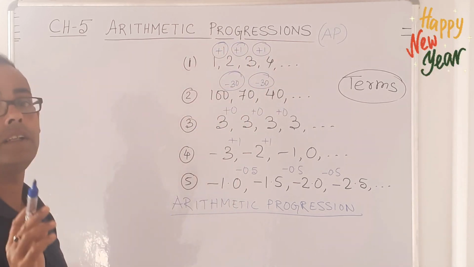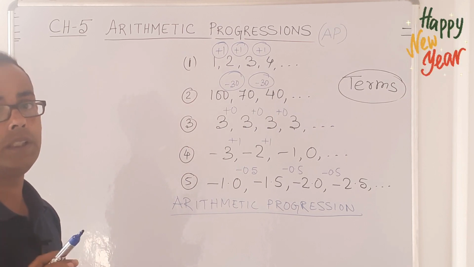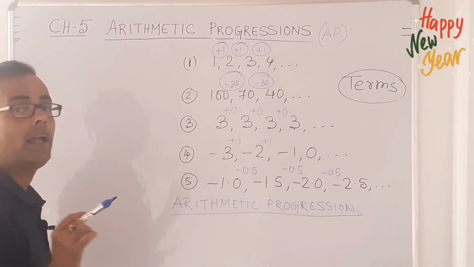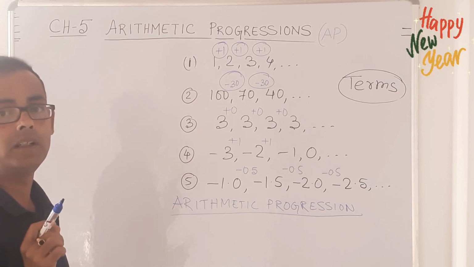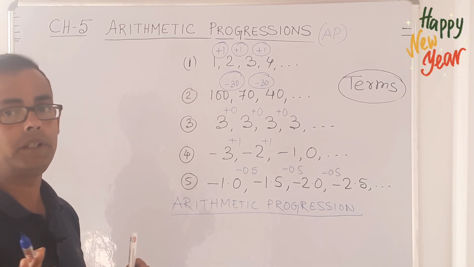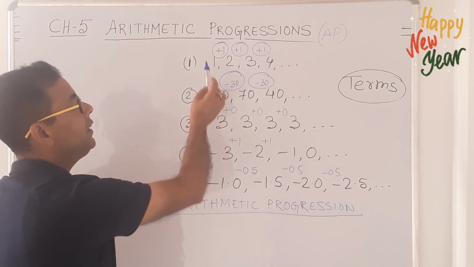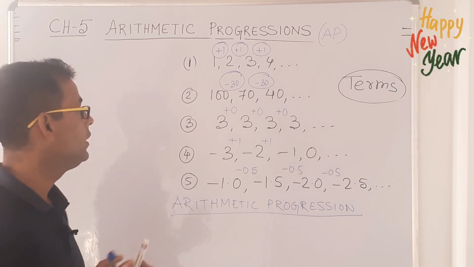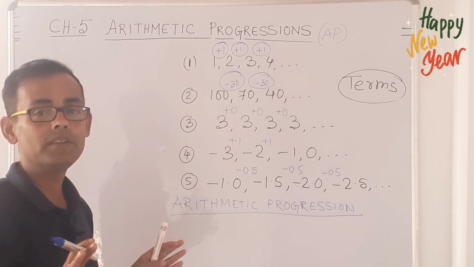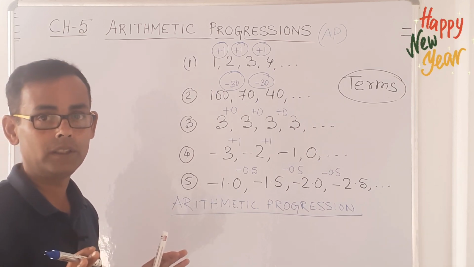If you are not adding a fixed number with the preceding term, then it is not an arithmetic progression. Only when you are adding a fixed number. So I think you have understood what an arithmetic progression is.